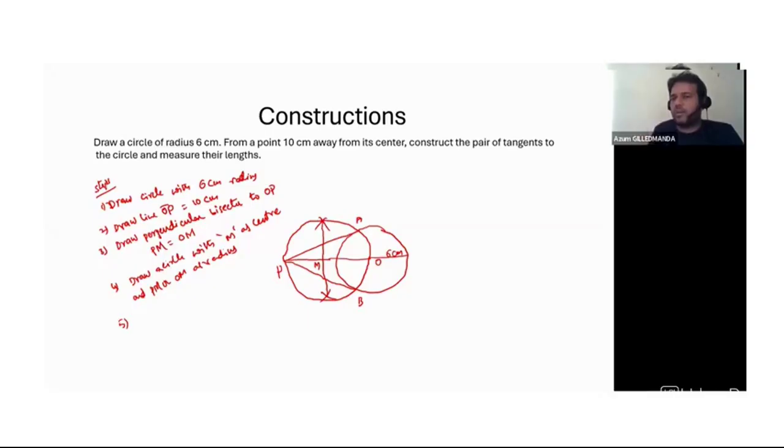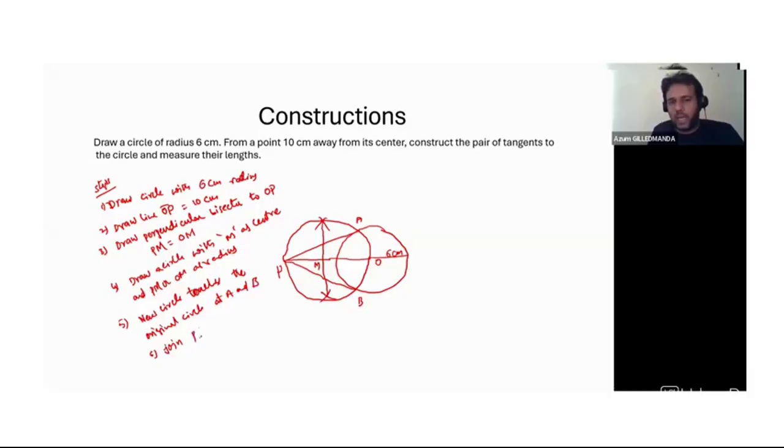We constructed the circle, we drew the line OP 10 centimeters away, and then we did the perpendicular bisector, which divides OP into two equal parts, OM equal to PM, and then we draw a circle with center M and radius OM or PM. Now, the new circle touches the original circle at A and B. Now, what we need to do?